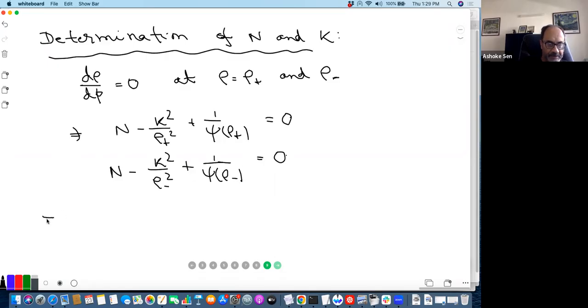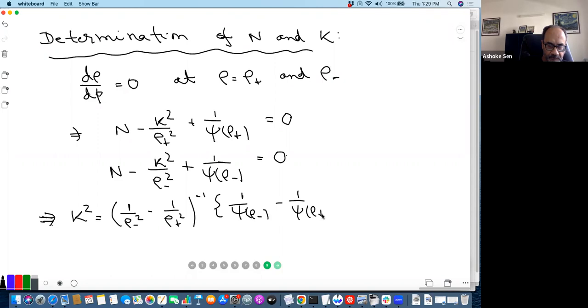Okay. And this you can easily solve, right? 2 equations in 2 unknowns, n and k square. So we get k square as 1 over rho minus square minus 1 over rho plus square, inverse. Basically to calculate k square, all you have to do is just subtract the 2 equations, so that n drops out, and that gives k square.